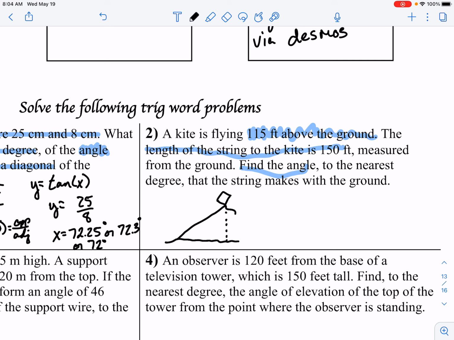Again, I take this, I simplify it to the following picture, and now I just plug in things. 115 foot directly above the ground. The length of the string is 150. Find the angle that the string makes with the ground. So here, again, solving for theta, not a side.